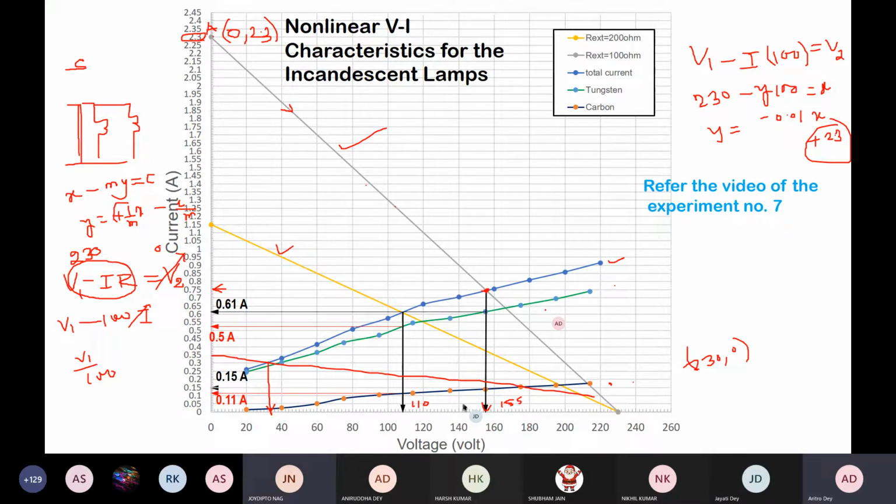But that intersection means that we are intersecting the load characteristics with the no load characteristics, which gives us the idea of the voltage appearing across the lamps, that was V2, and what is the total current flowing at this moment. Steady state current, obviously.